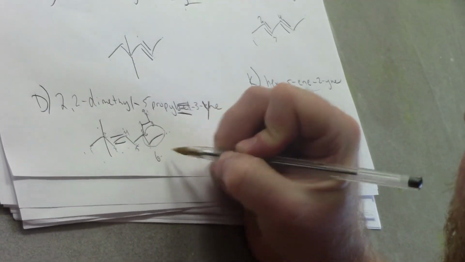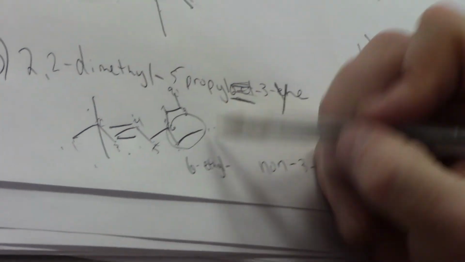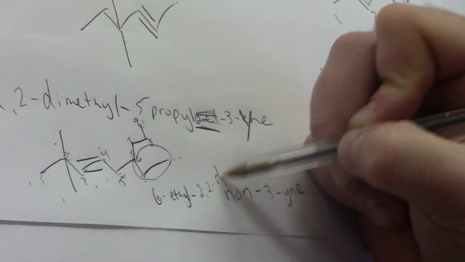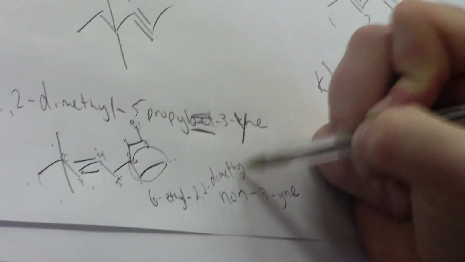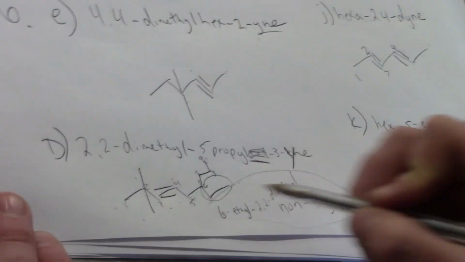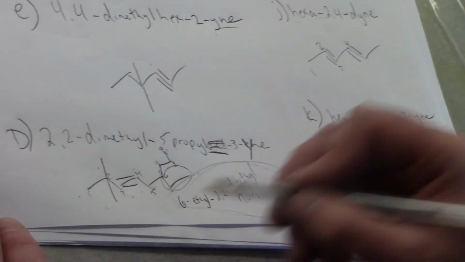So this is 6-ethyl-2,2-dimethylnon-3-yne. Okay, so whoever made this assignment didn't vet this properly. All right, there's quite a few mistakes on it, but it still kind of gives you the general trend.